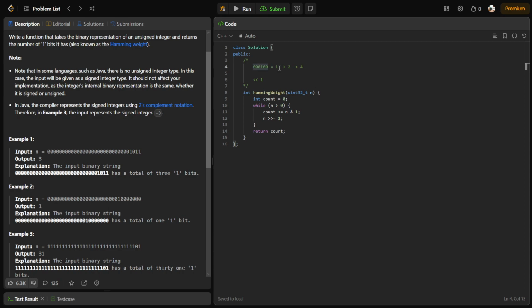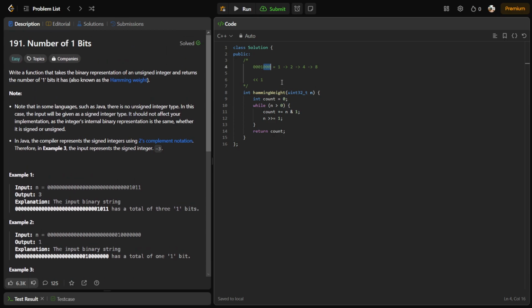I shift it again, then it becomes 8. You can also count it yourself, like I have been, because I'm not really that good at managing bits, but pretty sure it's 4, pretty sure it's 8. Then it'll be 16 and 32 and so on. So basically what it's doing is times 2 to the number we have.